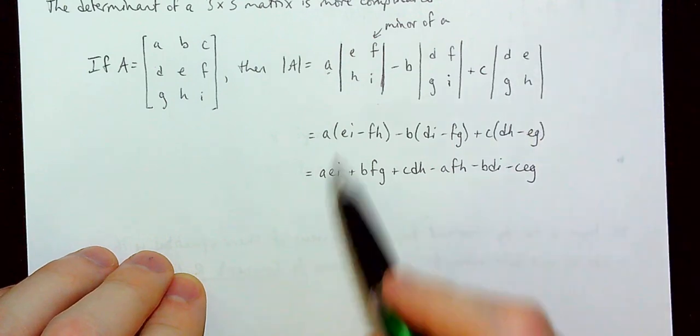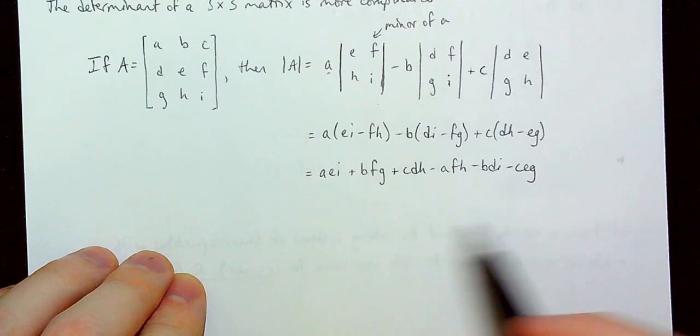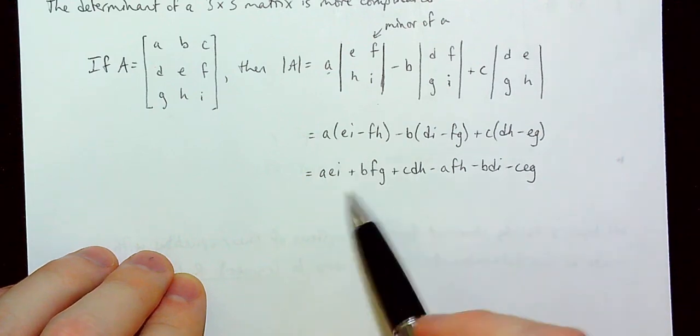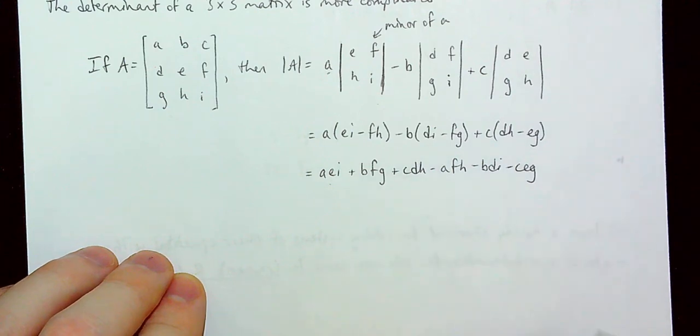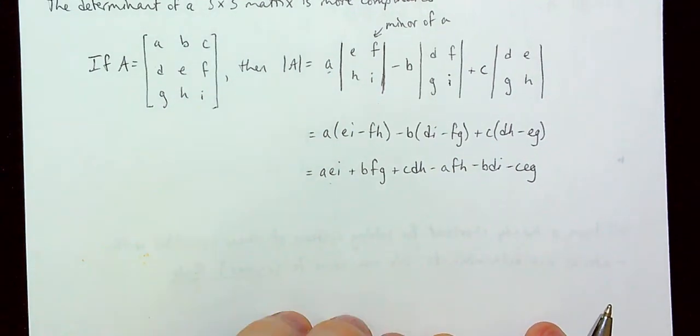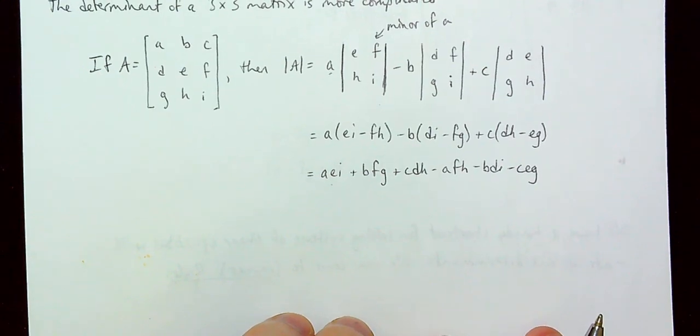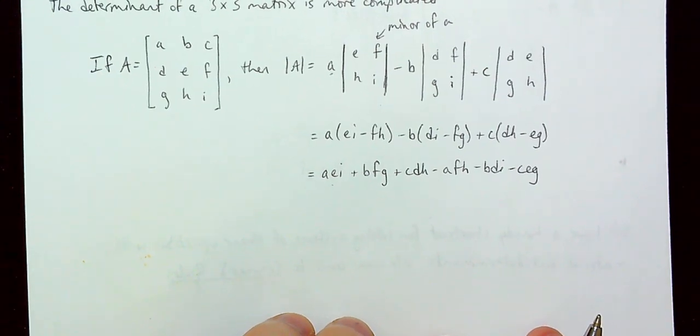And then if we multiply numbers in, multiply signs in as well, we have AEI plus BFG plus CDH minus AFH minus BDI minus CEG. So, yes, ugly thing that we have to do here, definitely not the prettiest, but the fact of the matter is it does work.